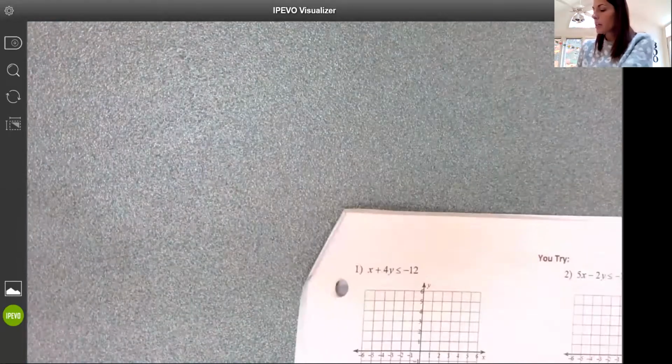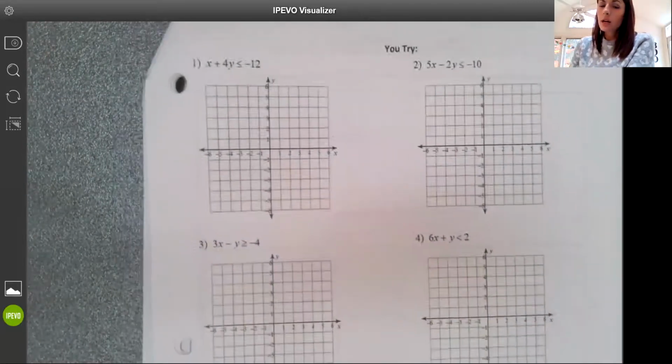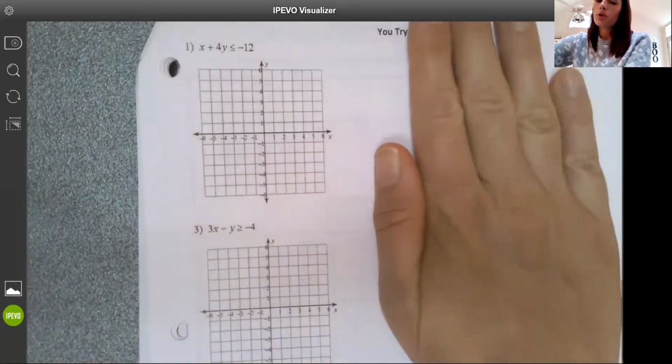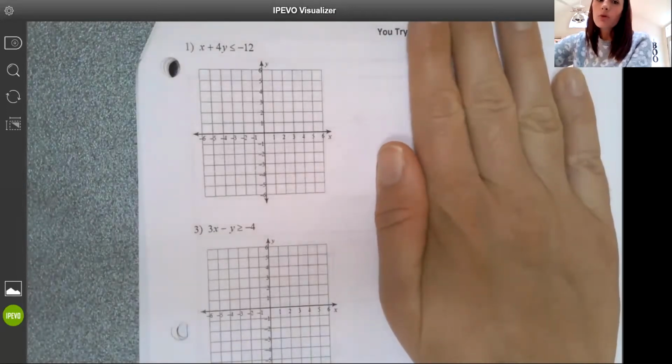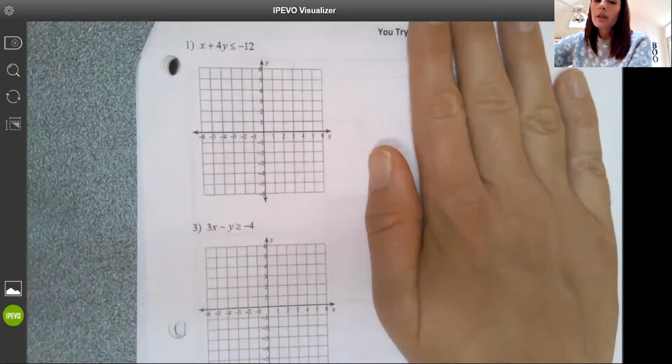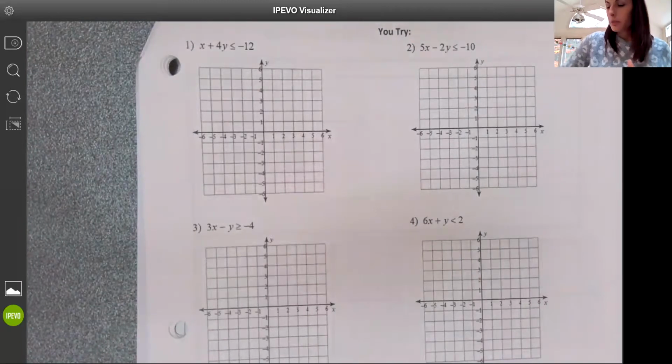So now on the next page, there are 4 inequality graphs. I'm going to give you a moment. We'll do 2 and 4 totally, you'll do them totally on your own. For 1 and 3, what I want you to do right now is just graph the line. So rewrite the boundary line in y equals and just graph the line. I'll do it quietly on my own while you're working.